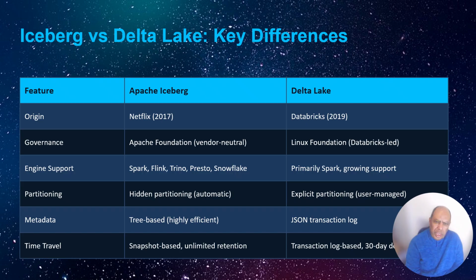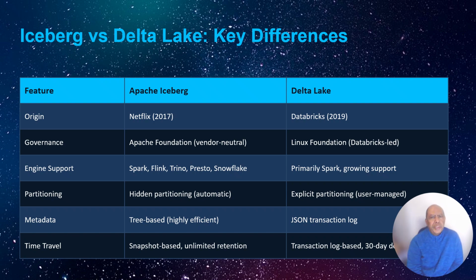Then you have engine support. This is significant because Iceberg was designed from day one for broad engine support like Spark, Flink, Trino, Presto, Hive, and now Snowflake, while Delta Lake was initially optimized for Spark and the Databricks ecosystem, though support for other engines is growing.